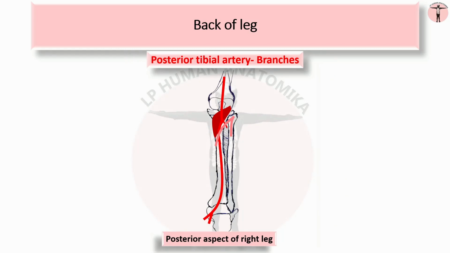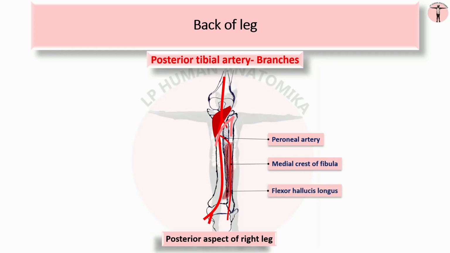Posterior tibial artery in its course gives rise to several branches. Peroneal artery is a large artery that arises close to the origin of the posterior tibial artery. It descends close to the medial crest of fibula, either within the substance of the flexor hallucis longus muscle or anterior to it.